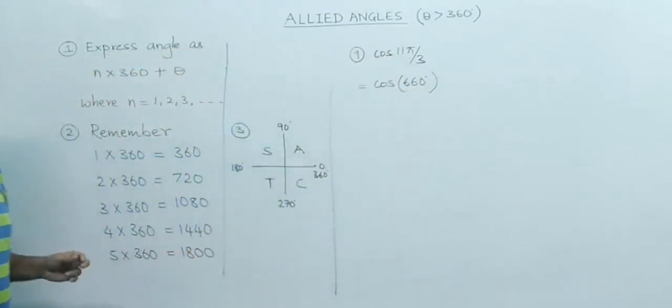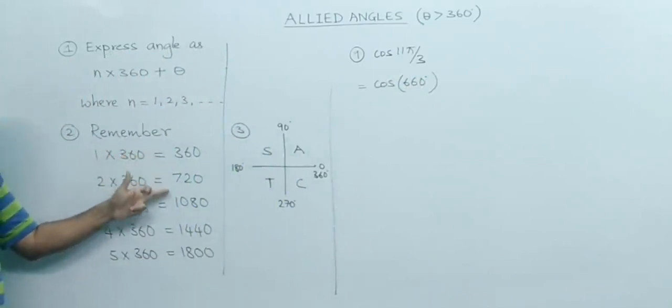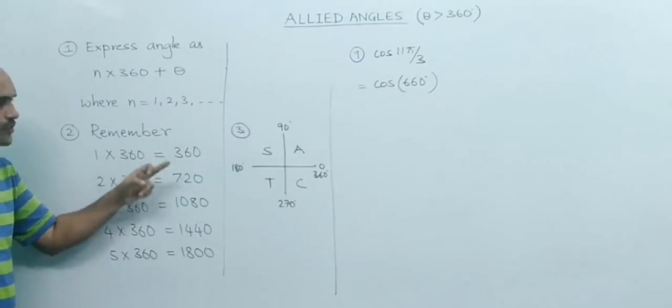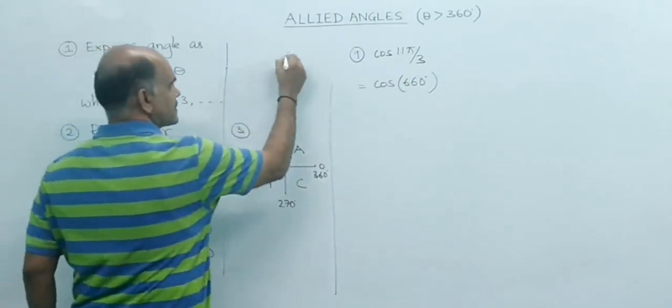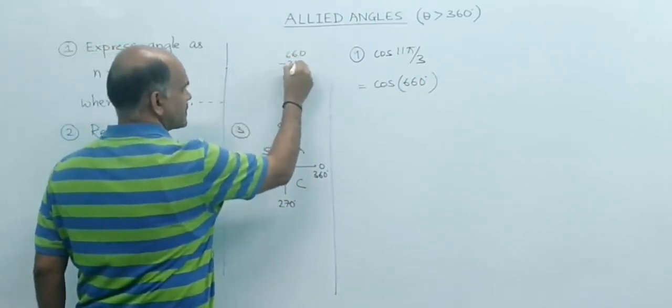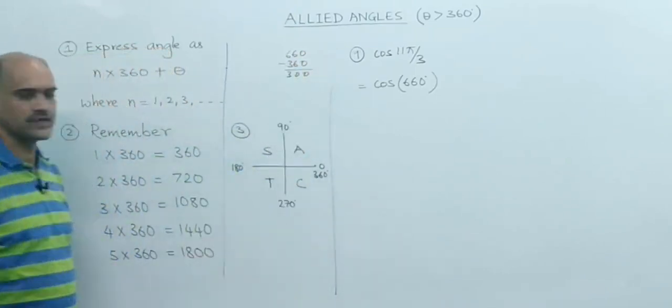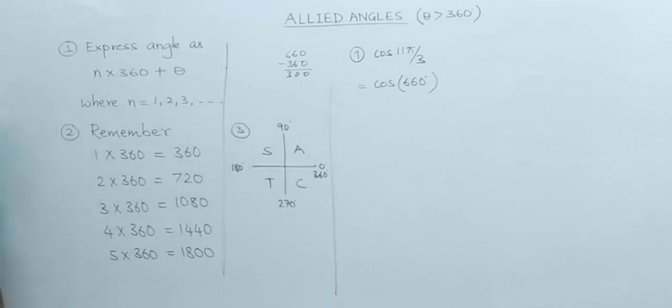Again you observe over here, 660 is greater than 360. How much is it greater? 660 minus 360, you will have 300.